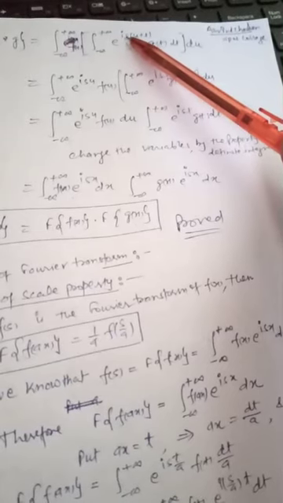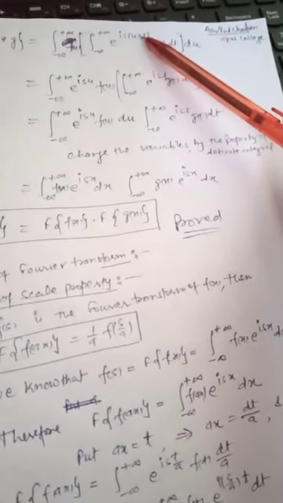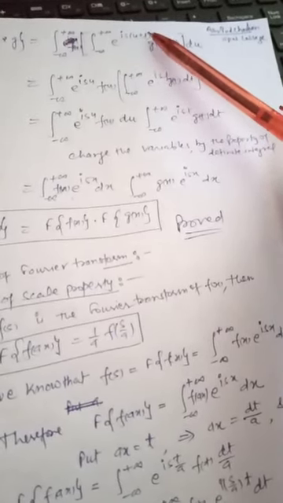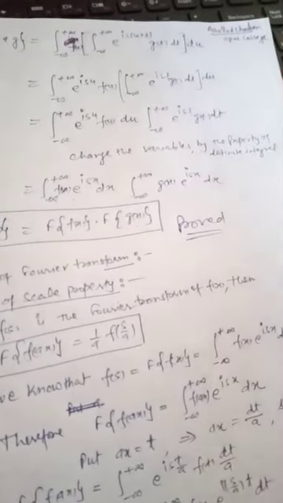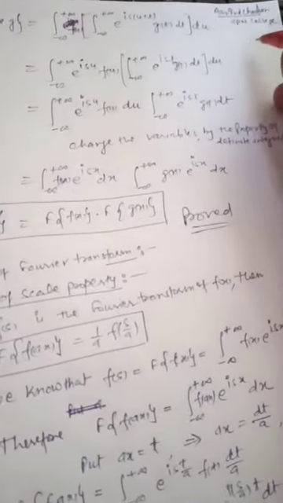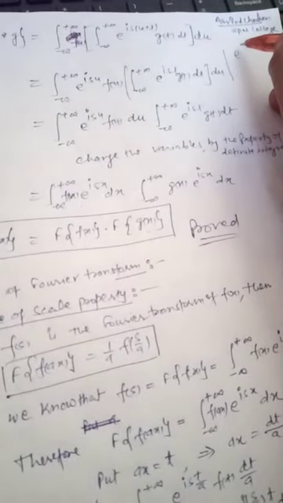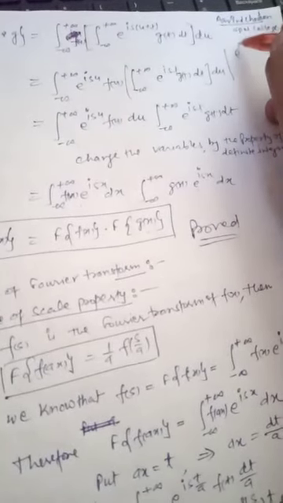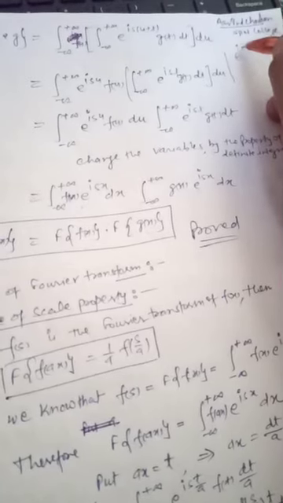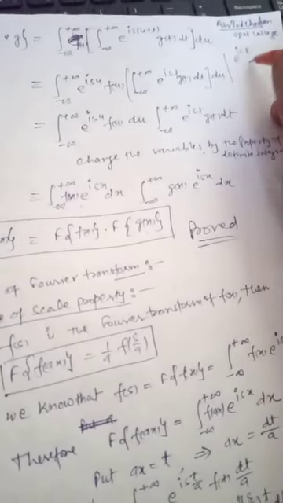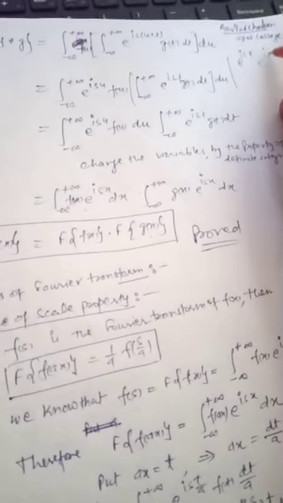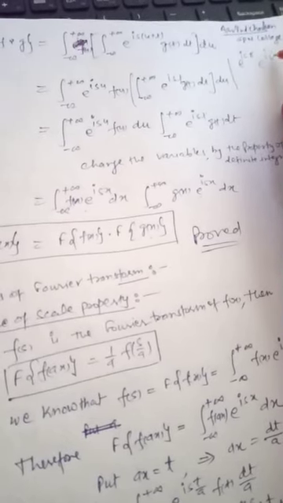One is exponential iota s u plus iota s t. So you can represent this in this form: exponential iota s t into exponential iota s u. This thing and this thing are same.